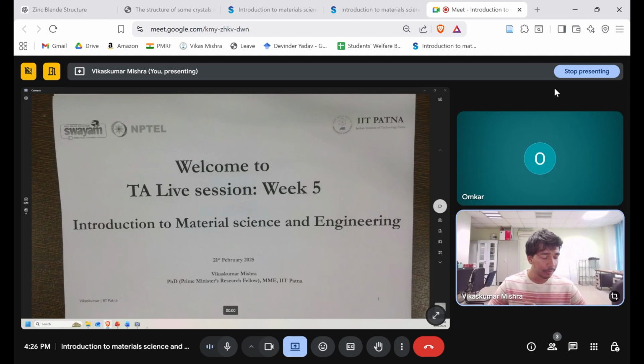Along with the doubt solving sessions, my aim is also to cover the assignment questions you have faced problems with, like week 4, week 3, week 2. So collect your questions, and if you face any difficulty solving them, we can discuss in the upcoming week. With that, we'll close today's session and meet again in the next doubt solving session.